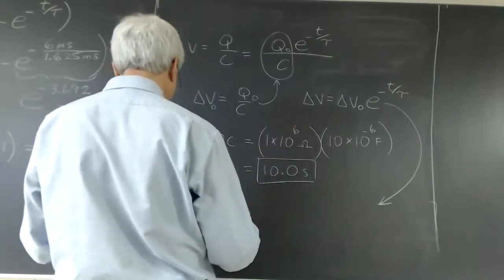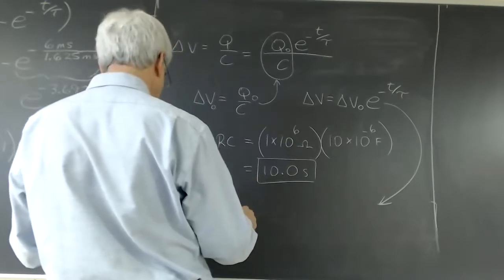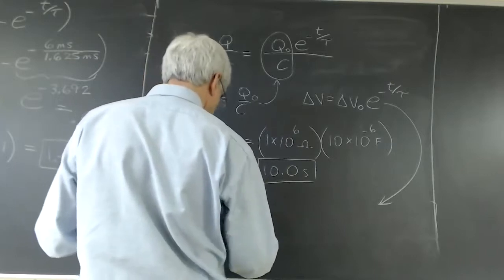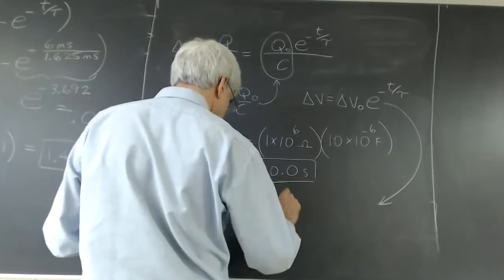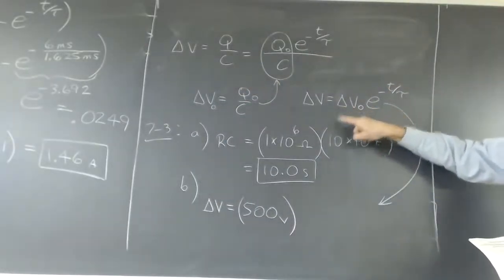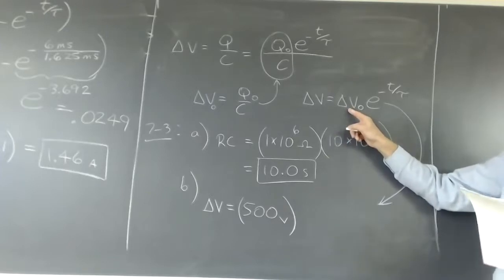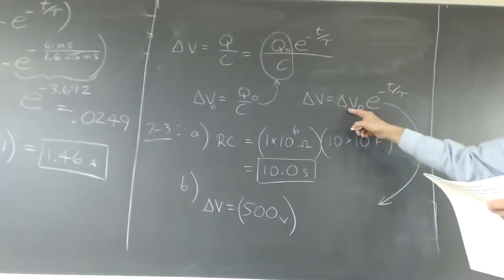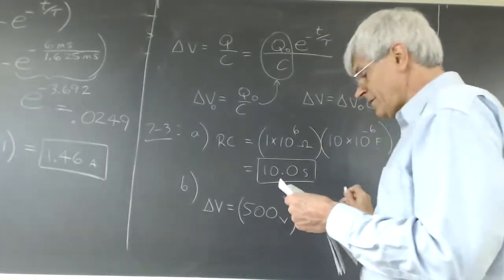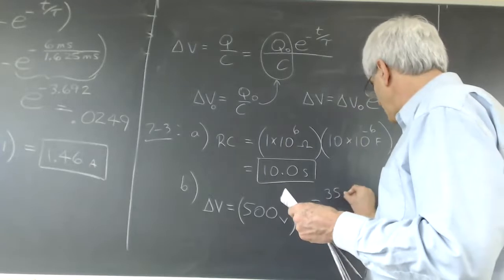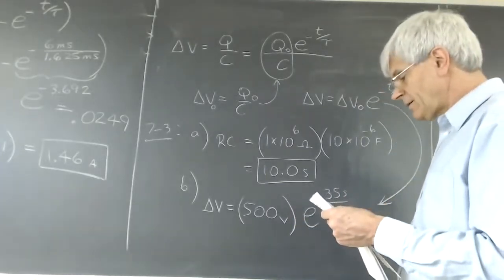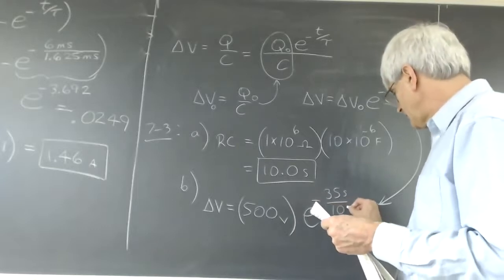I'll just stick the numbers in it. V0 e to the negative t over tau. The original voltage, 500 volts. Okay, so I'm using this one right here. I put in 500 volts for the original voltage, V0, times e to the negative 35 seconds for the time t, 10 seconds for the time constant.